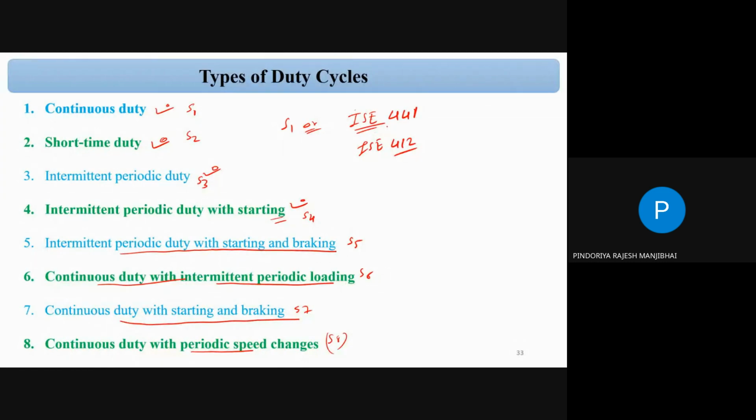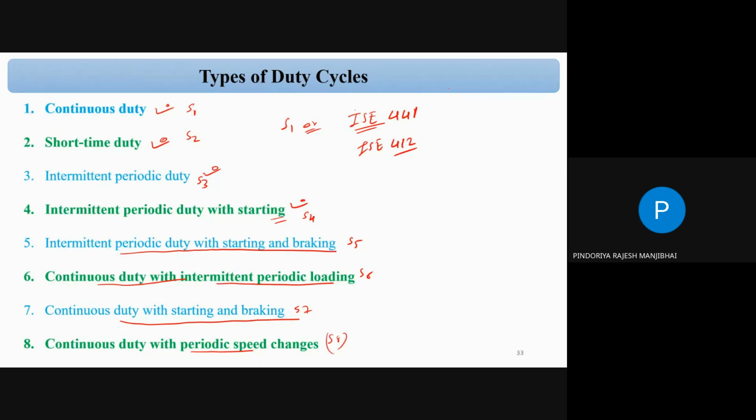I am not sure about the exact number, but there is a standard. They mention it on the nameplate of the motor so the customer knows how to operate the motor: short time duty cycle, continuous duty cycle, which type of duty cycle.